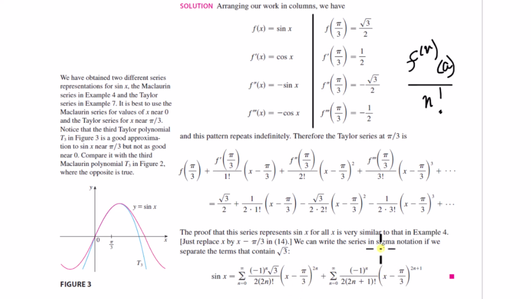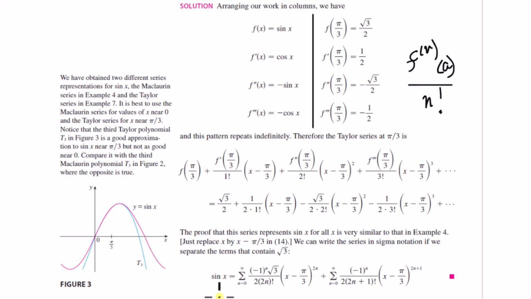Or this is the even, this is the odd. And we're going to work example problems like this, finding power series representations for functions where it's a little more complicated to find the pattern.